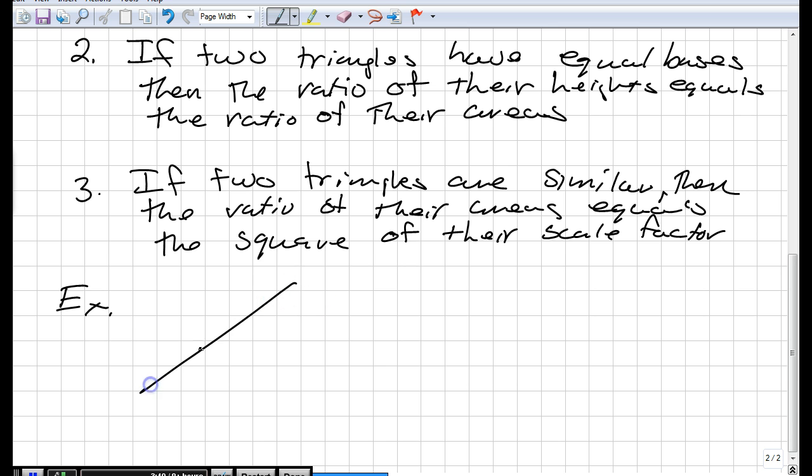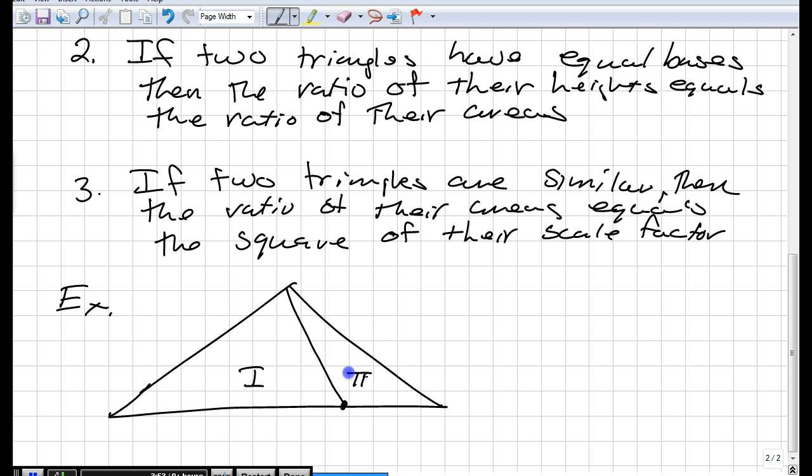Let's say I have this picture and I basically have two triangles. I have this triangle and this triangle, and I know that this is 8 and this is 3. But these two triangles have the same height, because if I drop an altitude from here, that is the height of triangle 1, it's also the height of triangle 2.